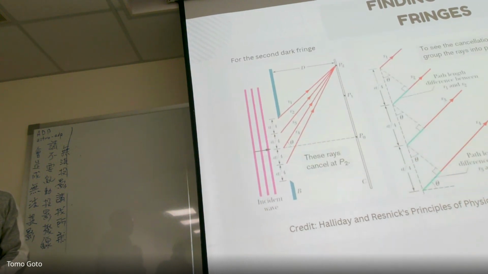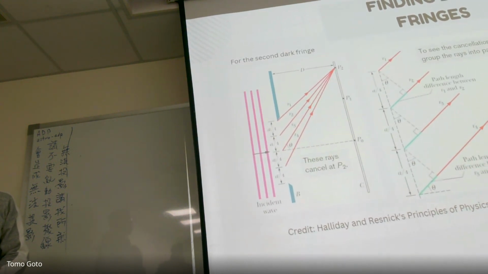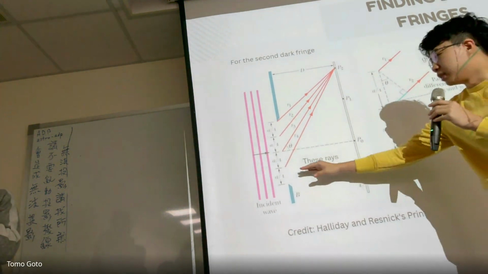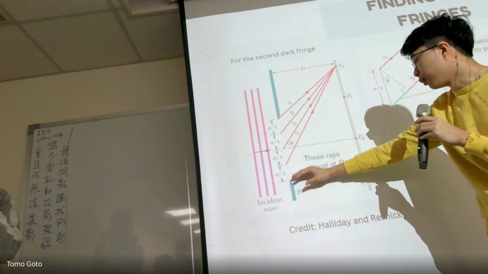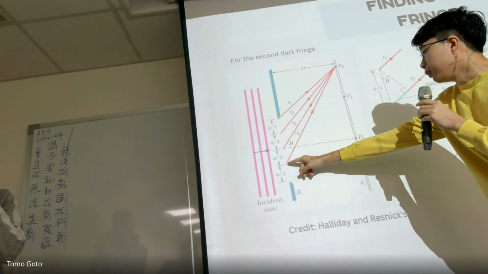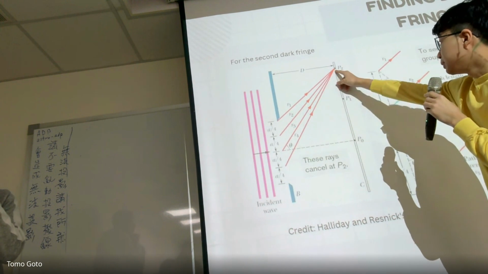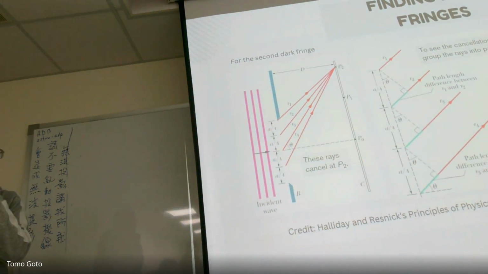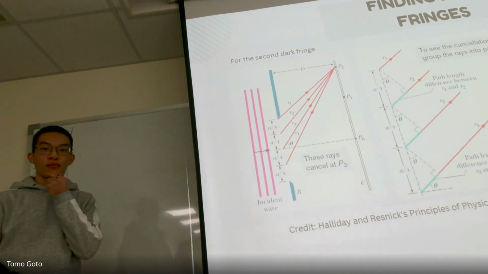We can find the second dark spot the same exact way. This time we imagine dividing the slit into 4, and we point the light rays to some spot P2, and then we consider under what condition this makes a dark spot.